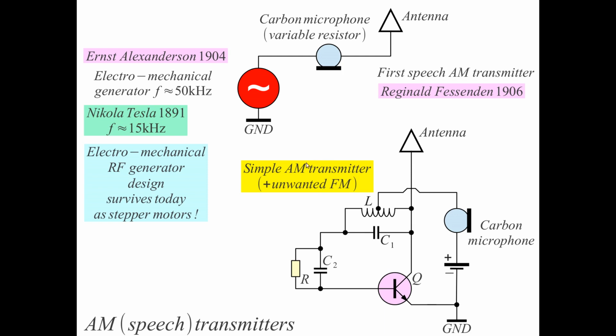Such a simple circuit also produces some frequency modulation. The same is true for other circuits. Even if we look 100 years ago, a variable resistor here will load the generator in a different way, and the RPM of this generator is going to change with this resistor because the loading is changing to the whole mechanical machinery here. So even this one has unwanted frequency modulation.